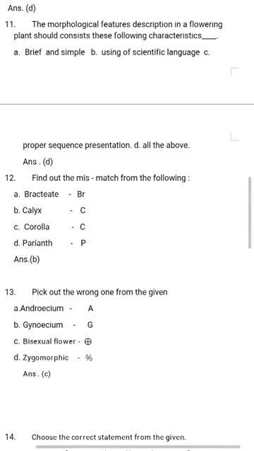We should also use scientific language wherever necessary, and proper sequence must be present. Proper sequence means right from habitat or habit till the last, the floral formula. This is an important concept for competitive examinations. So the correct option for this question is option D, all the above.